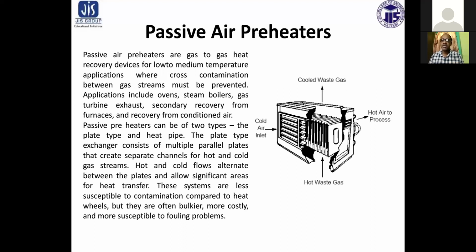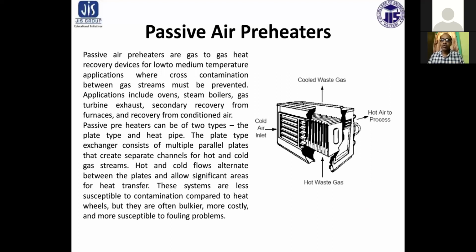Passive air preheaters can be of two types: plate type and heat pipe. The plate type exchanger consists of multiple parallel plates, as shown in the figure, that create separate channels for hot and cold gas streams.